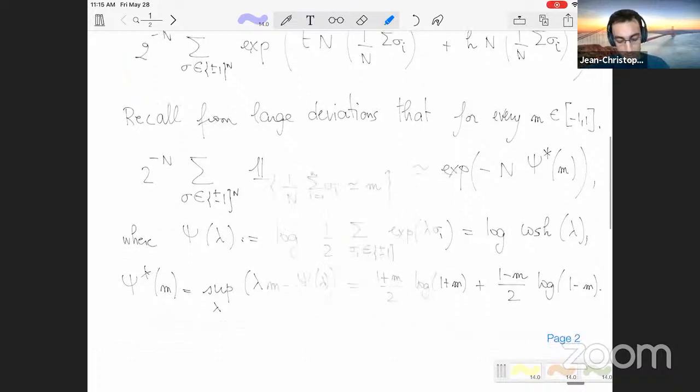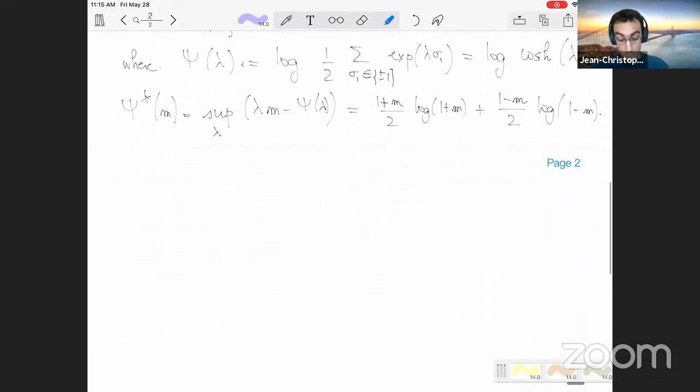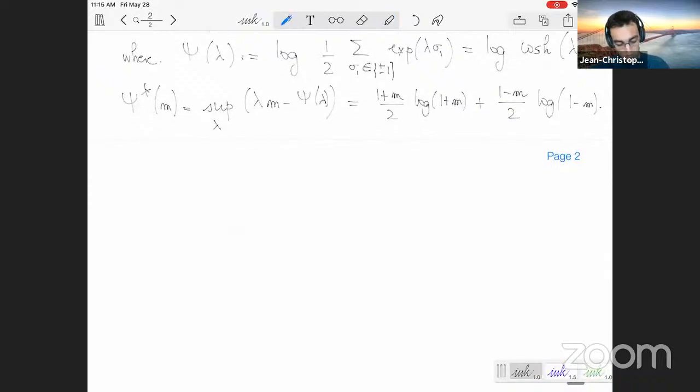Let me rewrite this sum with the indicator function. So if I look at 2 to the minus n sum over sigma, I restrict the sum to, so this is an informal derivation. Later I'm going to prove it a bit more precisely, but here it's just to make it clear what happens.